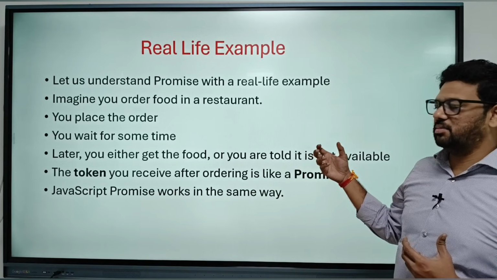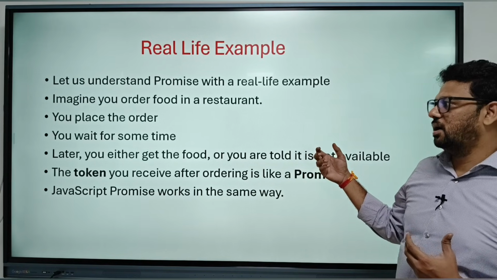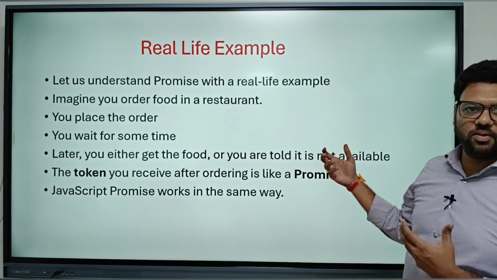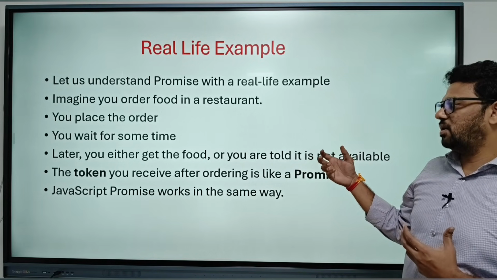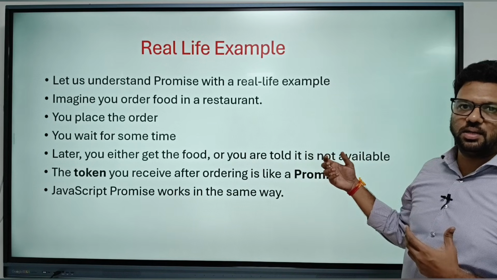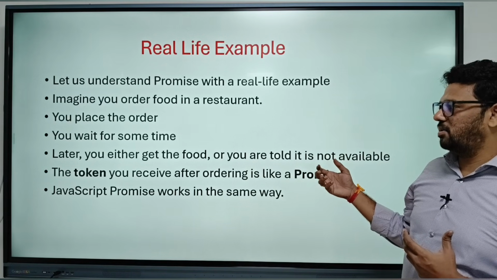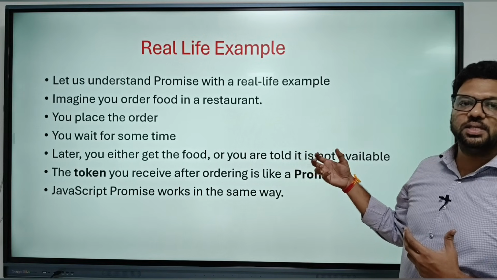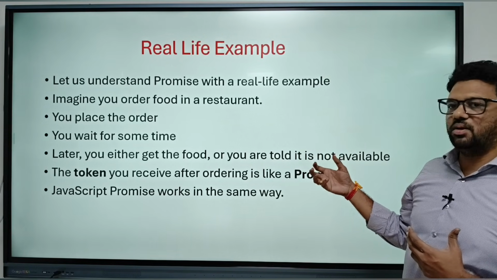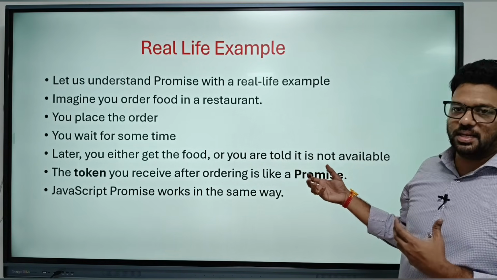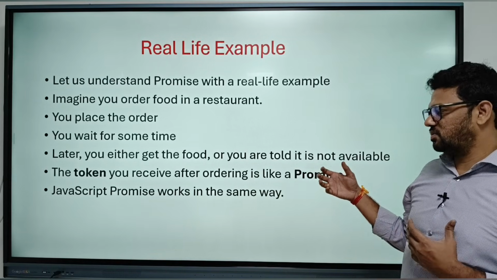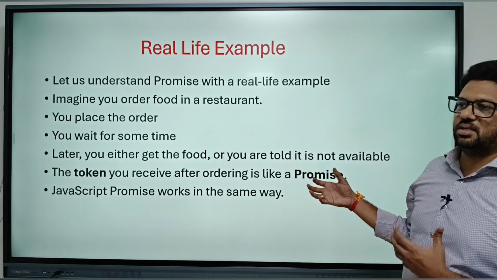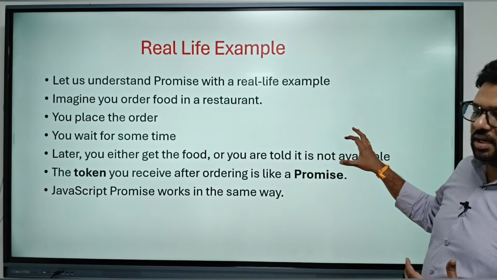You place an order and wait for some time, and later there are a couple of scenarios: either you get the food, or you are told that the food is not available. That is where the promise comes into the picture. It's a kind of token you receive after ordering; the order is like a promise. JavaScript promises work in the same way. It's a representation of whether it is success or failure.